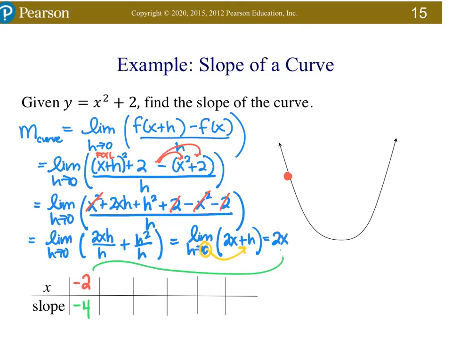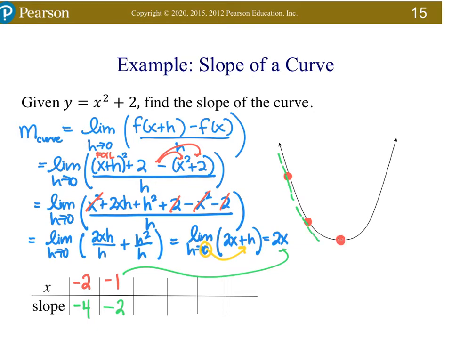And so what that means is at that particular point, the slope value happens to be -4. But if I move to, say, this point right here, which might be -1, if I plug -1 into the equation for the slope, now I get -2. And so my slope is different, and it is now -2.